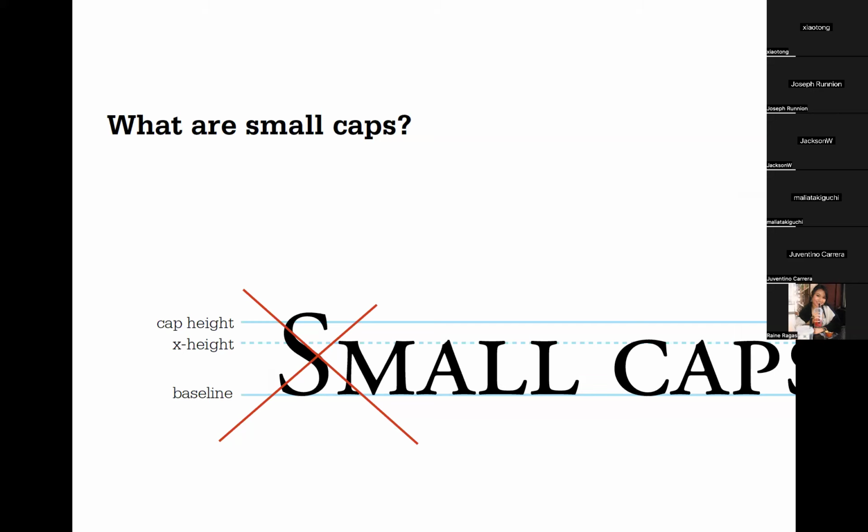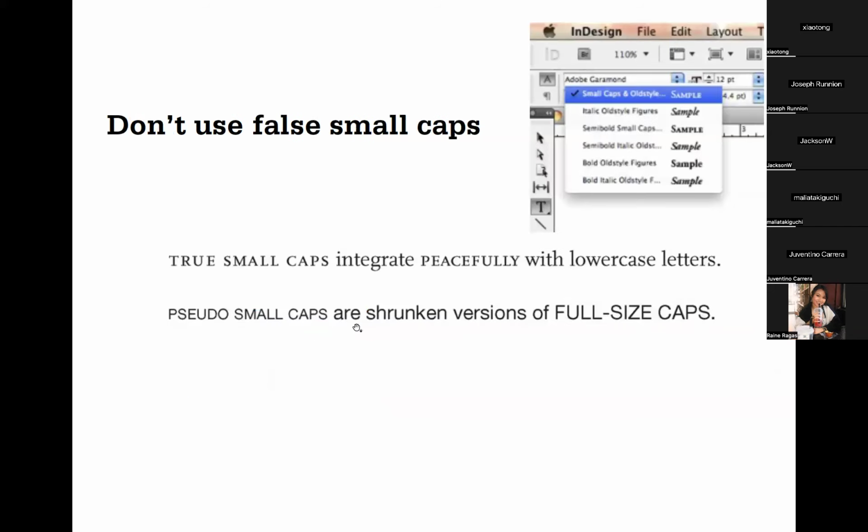They are designed differently to be the same stroke weight as your lowercase letters and your capital letters, but to work on the x-height versus the cap height. Whatever you do, if you're going to use small caps, make sure you choose a typeface that has a designed small cap as a choice in it.